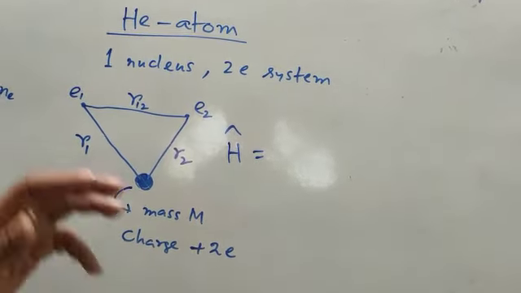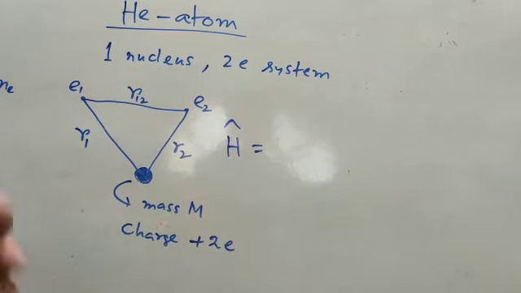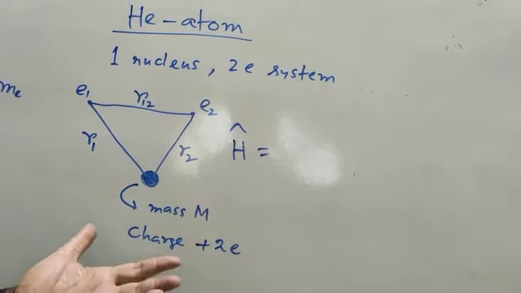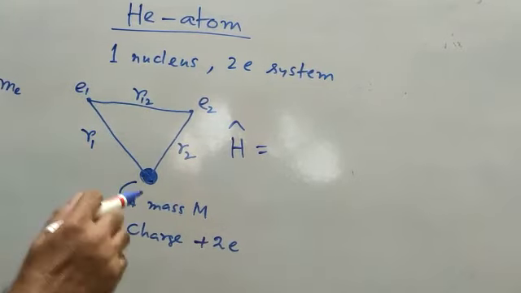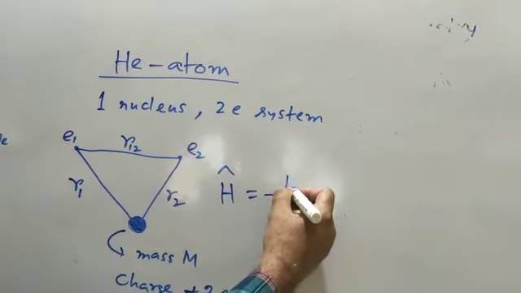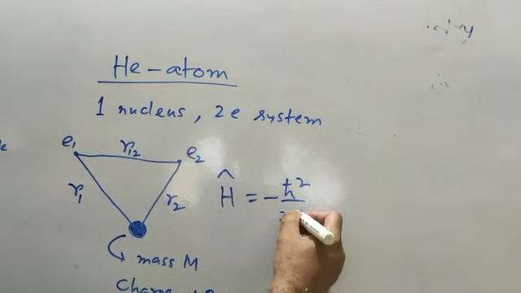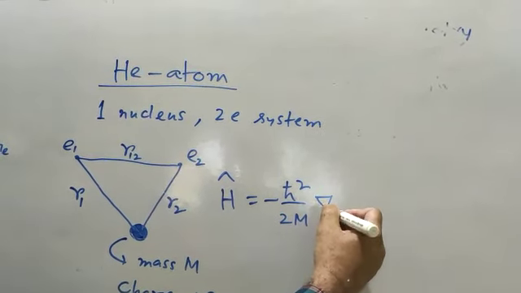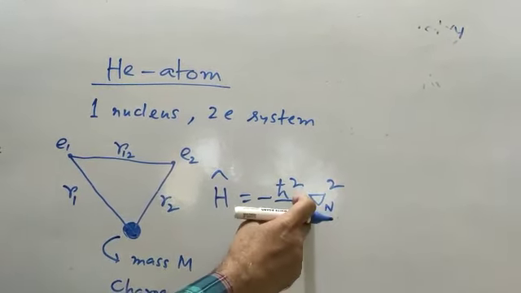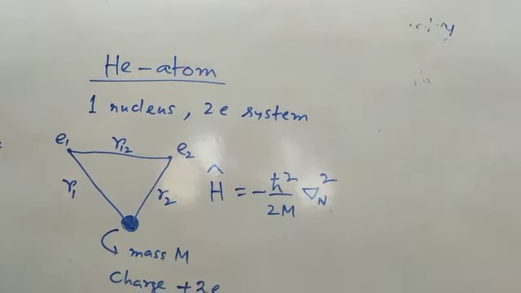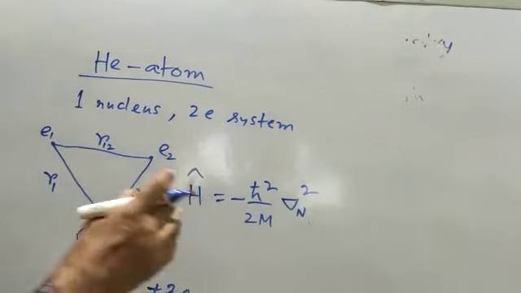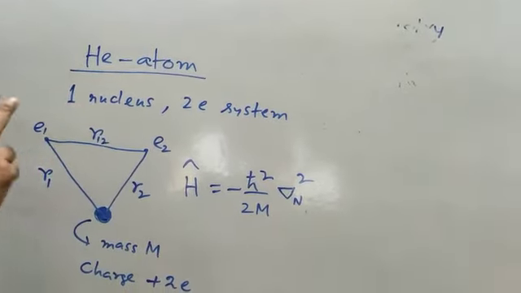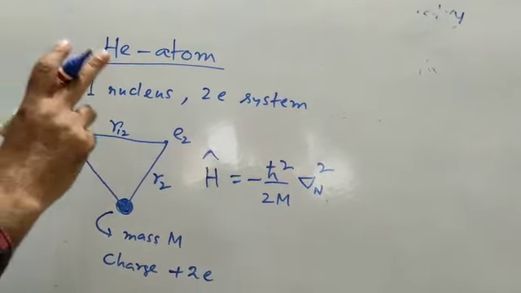The kinetic energy part involves the kinetic energy of the nucleus and the kinetic energy of the electrons. So for the kinetic energy of the nucleus, we can write minus h cross square by 2M del N square. This is the Laplacian operator and it involves the coordinates of the nucleus. Now we write the kinetic energy part of electron 1 and electron 2.